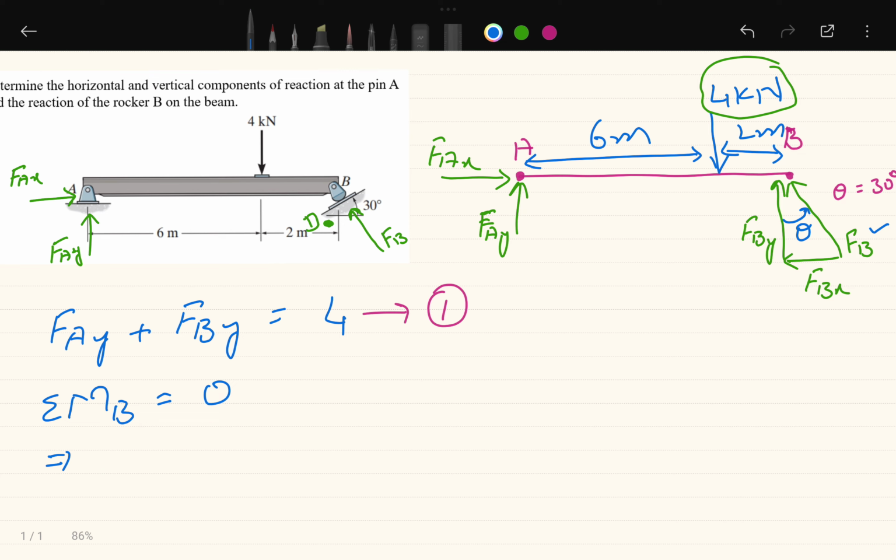I will be left with FAY, which has a perpendicular distance of 8 meter from point B, and also the 4 kilonewton, which has a perpendicular distance of 2 meter from point B. Now FAY is creating a clockwise moment, so I will take that as positive, FAY multiplied by 8 meter. And our 4 kilonewton is creating a counterclockwise moment, so that will be taken as negative.